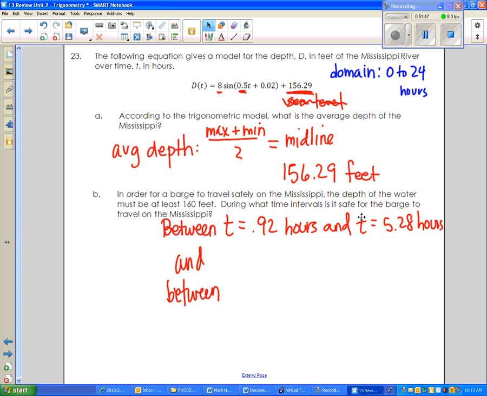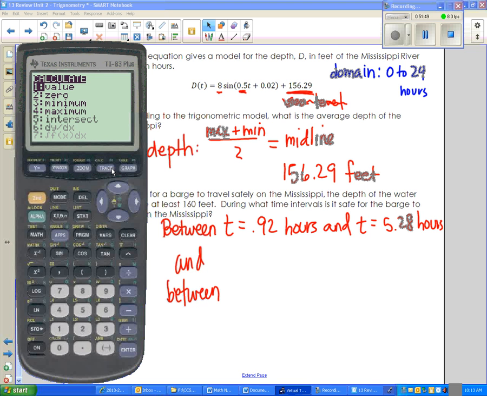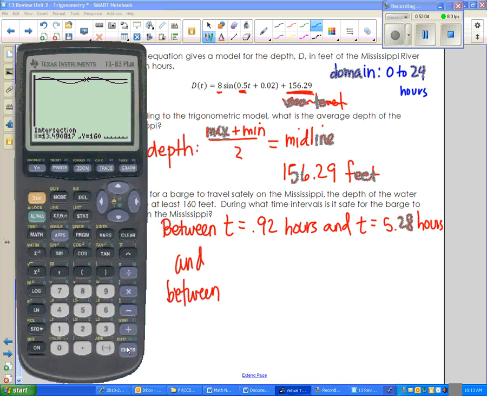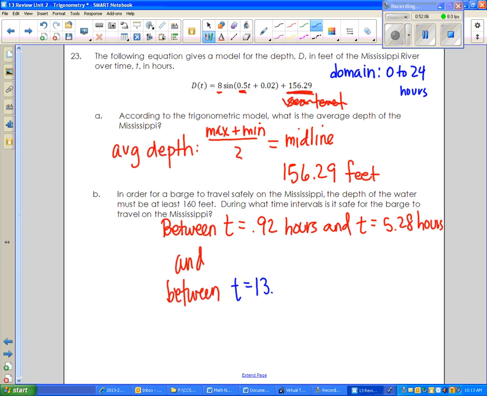And if we do it all over again, the second one, I'm just going to move over to that third point of intersection. And we get 13.49. And then the last one I'm just going to go ahead and give you is 17.85 hours. Okay.